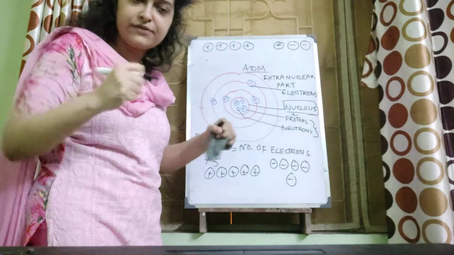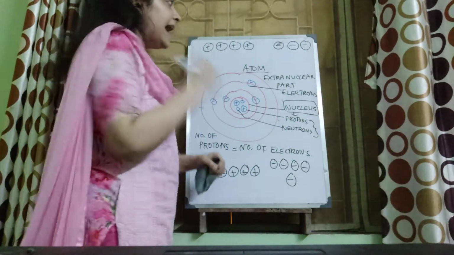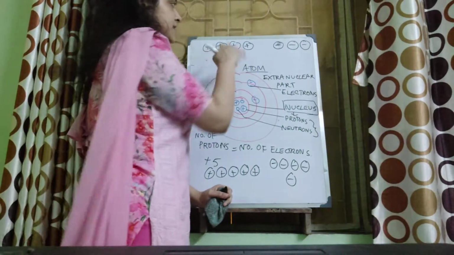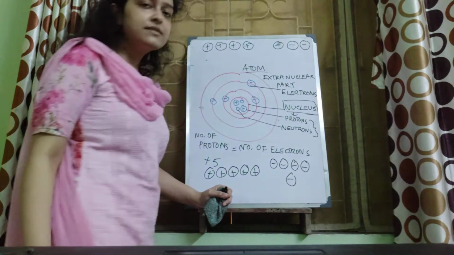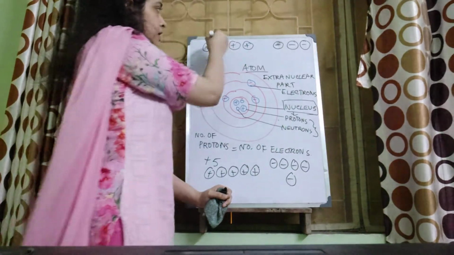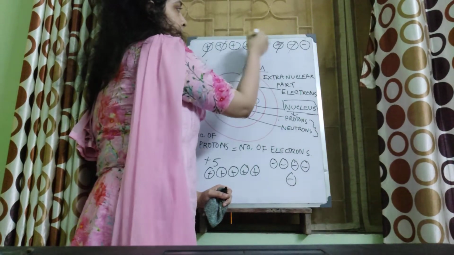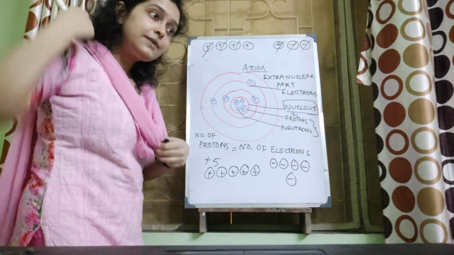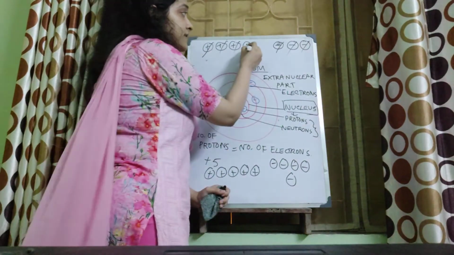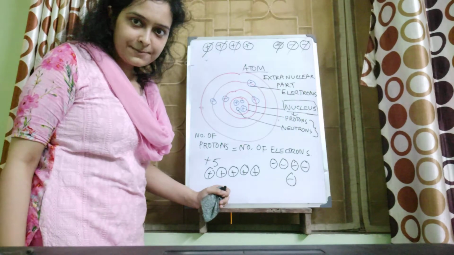Plus is more. It will say I am more, so I will be the dominant part. 4 plus, 3 minus. So, which is more? 1 plus is more. So, ultimately, the atom then will be positively charged, isn't it?